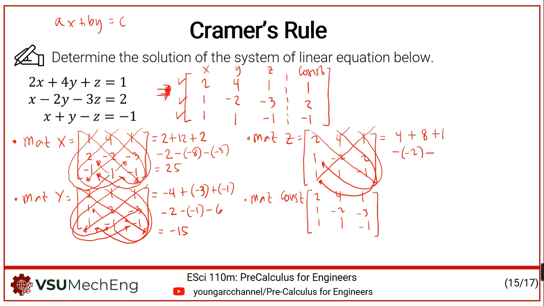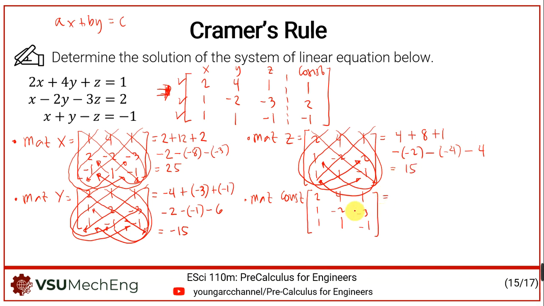Then minus 4 times 1 is 4 times negative 1, that's negative 4. Then minus 2 times 1 is 2 times 2 is 4, so minus 4. Simplifying, 4 plus 8 plus 1 plus 2 plus 4 minus 4, that's 15.